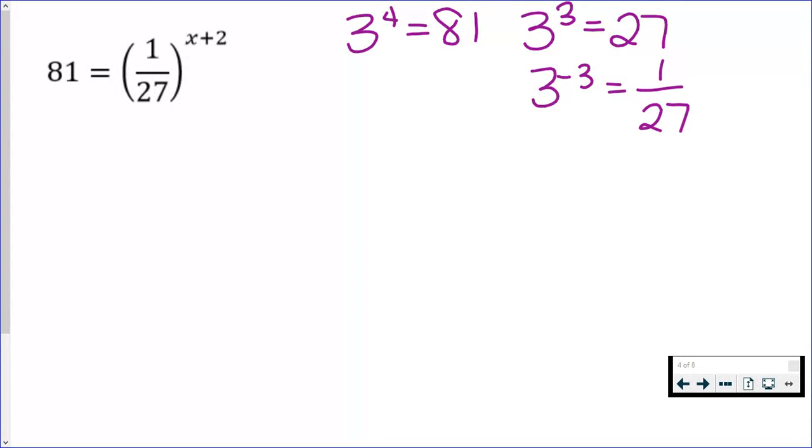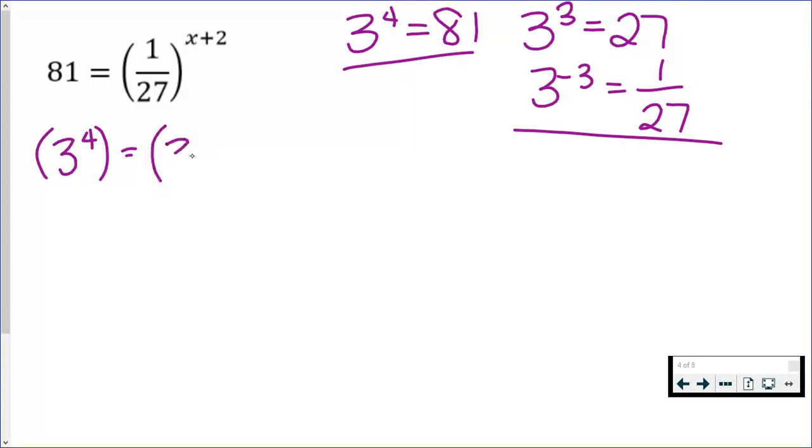So I can replace 81 with 3 to the 4th, and I can replace 1 over 27 with 3 to the negative 3rd. And just like that, I have matching bases, so now I can just set the exponents equal to each other.